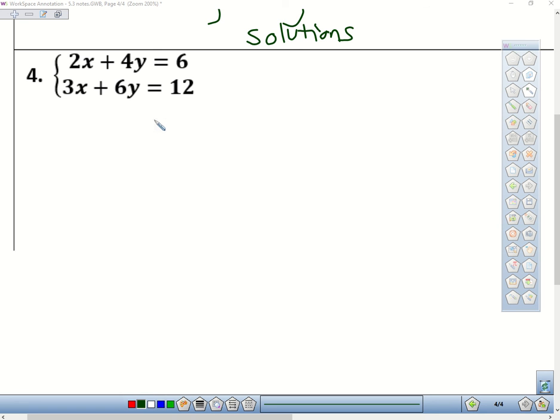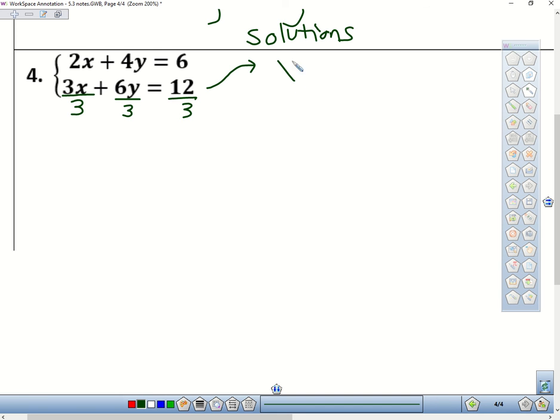Yeah, that would work. But even better, we could divide it by 3. 3 would work, right? There's several options on this one. Okay, let's divide the whole thing by 3.